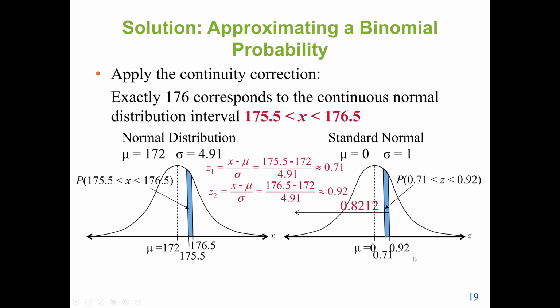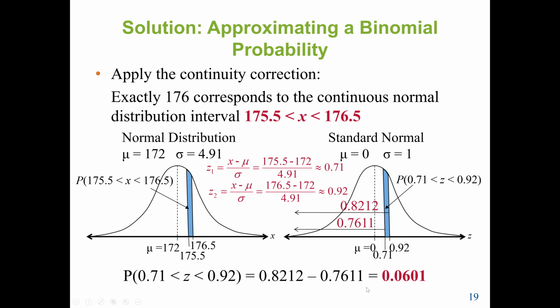The other one is the same thing. We have 0.7611 for the z value 0.71, which goes from the left. So now we have to find the difference between 0.8212 and 0.7611, and that will give us the probability of the shaded area. So the result will be 0.0601.